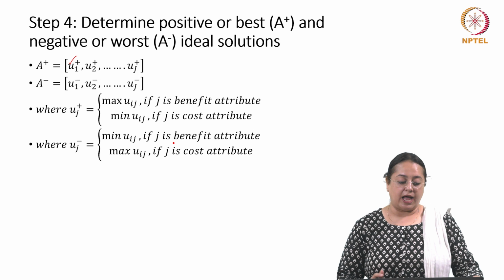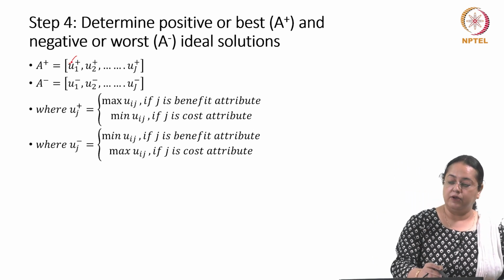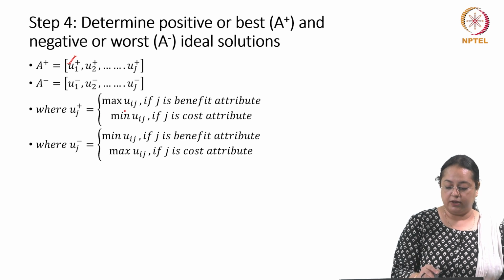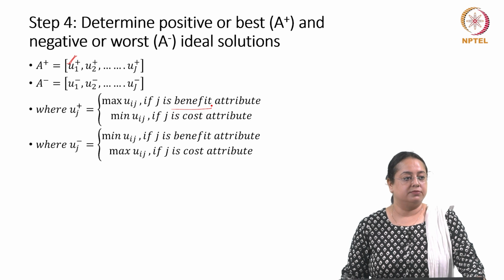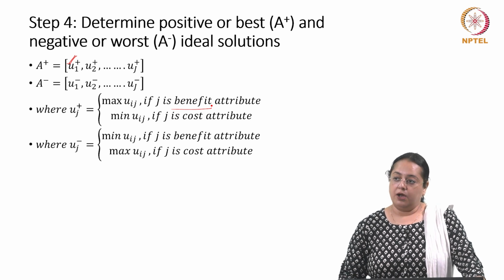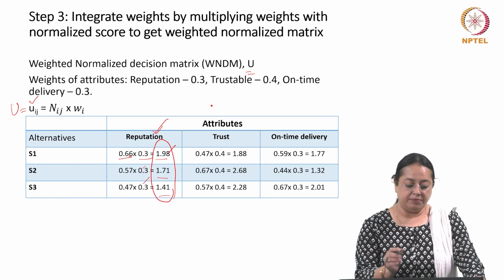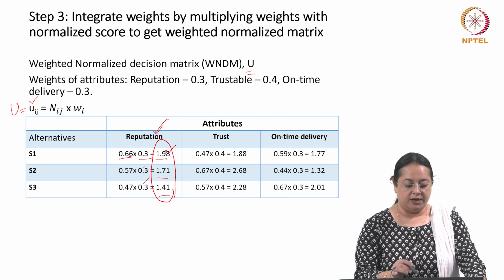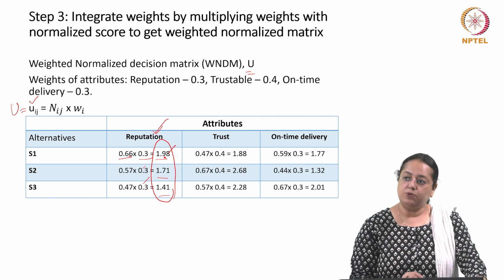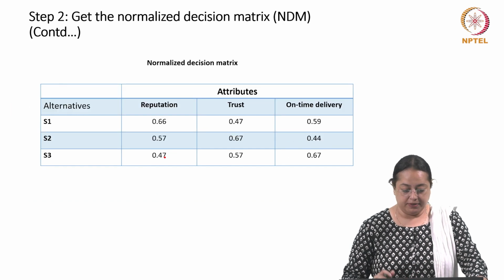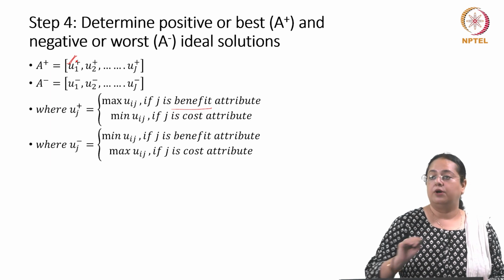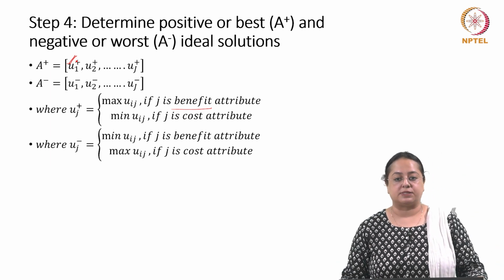In this, I would like to find for each attribute the benefit attribute. Benefit attribute means which one is the best performer. So that Uij will be U1 plus.